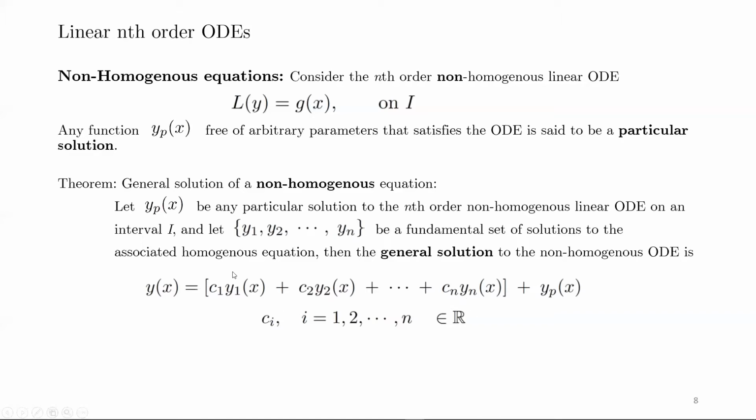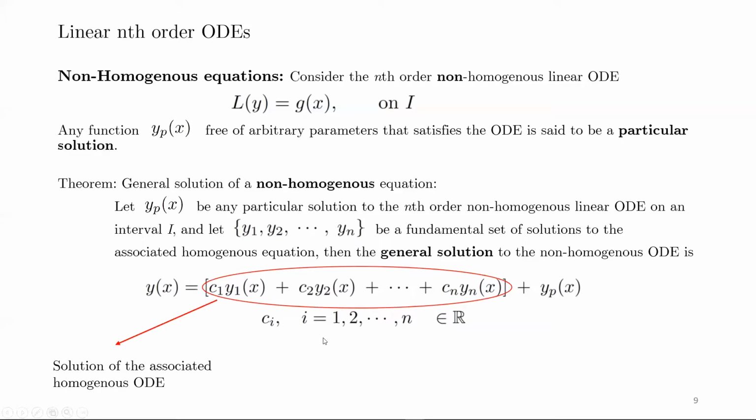This linear combination, or this superposition of solutions, is exactly the solution to the homogeneous equation. Okay, but because we have a non-homogeneous ODE, now we have this little extra term here, plus y of p, where y of p is some particular solution to this ODE.